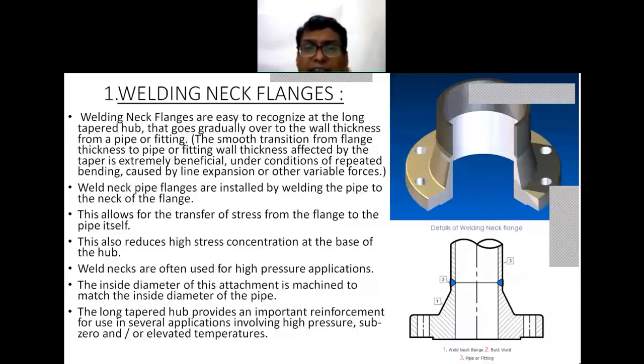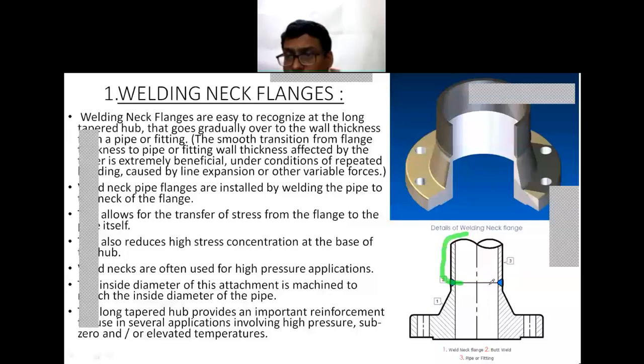The welded neck flange. Now looking at this welded neck flange, the tapered portion, the upper section, is related to the pipe. So this is my pipe section. That means the remaining is the flange. Remaining section is my flange.